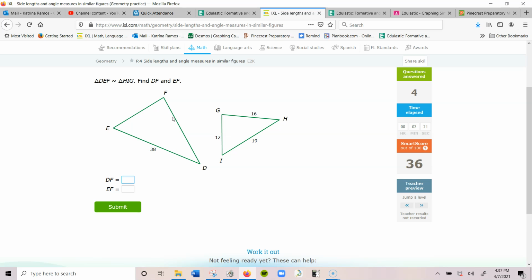To find DF, we find its corresponding side here, which DF is going to correspond with HG, which is 16. And since the similarity ratio is 2, we are going to multiply 16 by 2. Since 19 times 2 is 38, we multiply all of these here by 2. So 16 times 2 is 32. And 12 times 2 is 24.